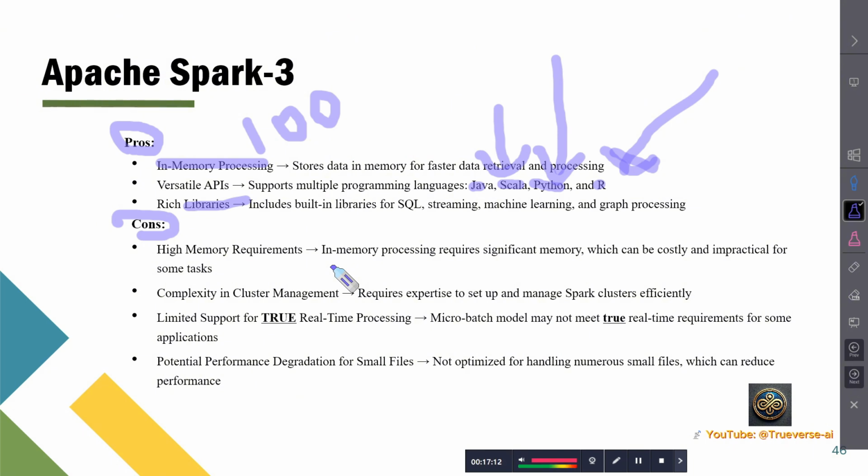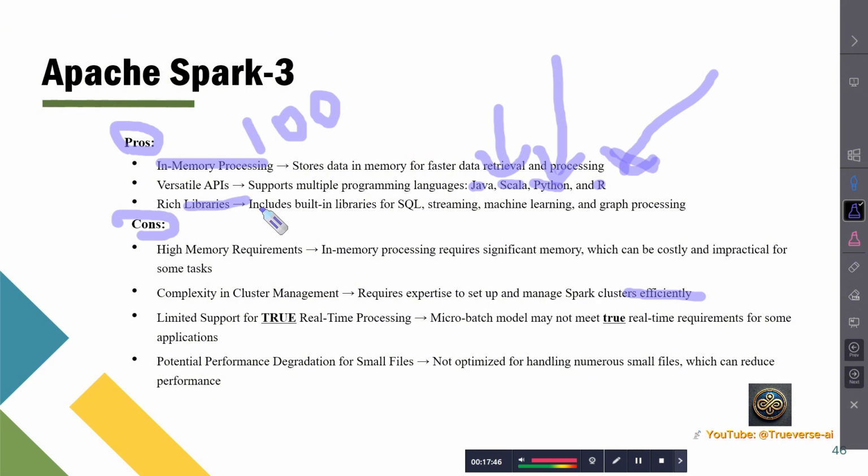But if you use Hadoop MapReduce, then you don't need very strong memory. Cluster management also requires a very efficient cluster. We will talk about the structure of Spark, which includes several parts: the driver, cluster management, the cluster itself, and executors. I will talk about that.